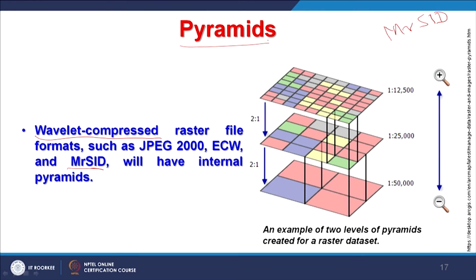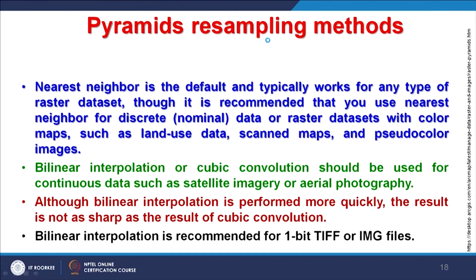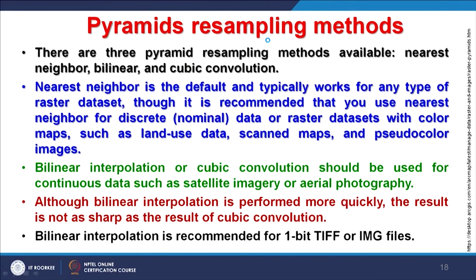Both have been implemented, and that is why the display in Google Earth is quite a bit faster as compared to other systems. And the larger your data sets, of course, the longer it will take to create the set of pyramids.